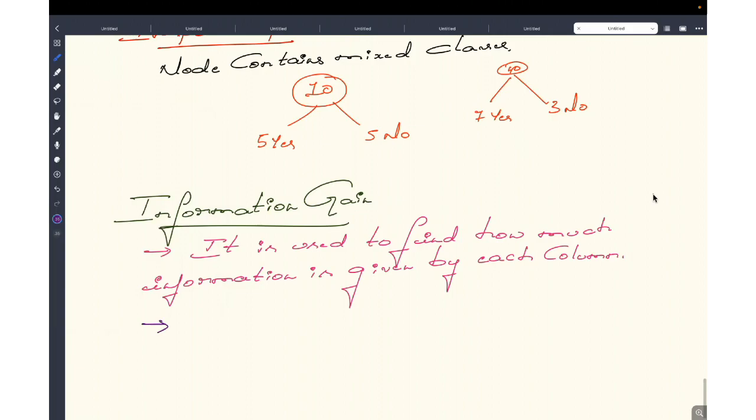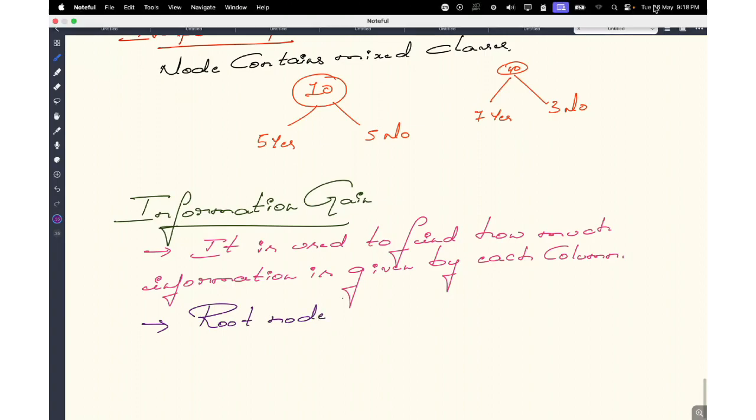So first we find the entropy of each column and then we apply information gain. Information gain tells how much information each column is giving. Based on that, we select the root node, the column which has the highest information gain. Question here: this information gain, you mean correlation with the target column?